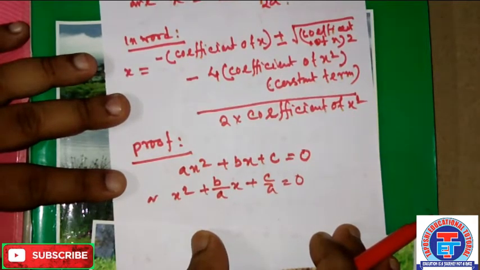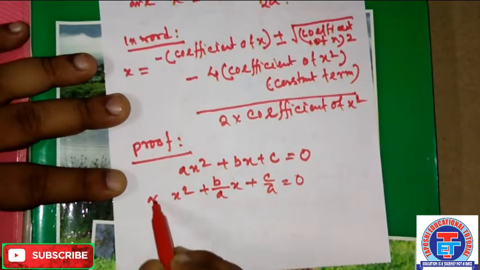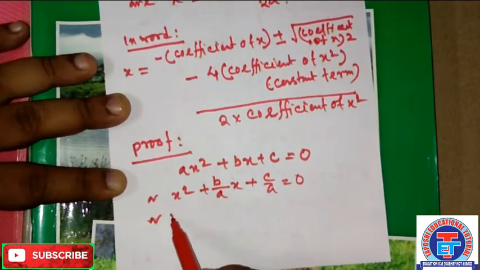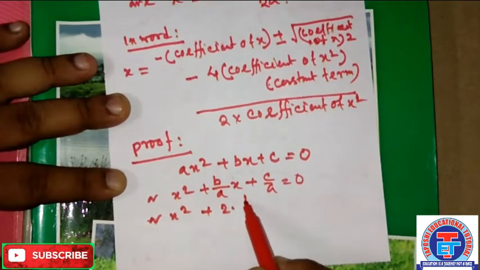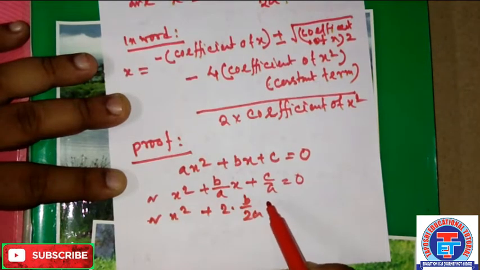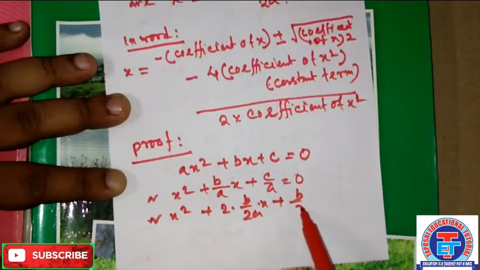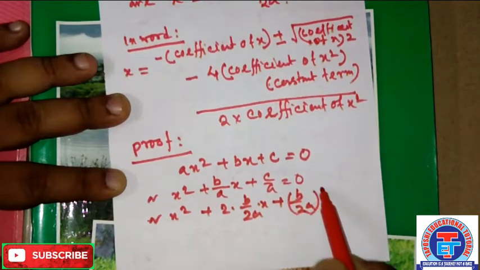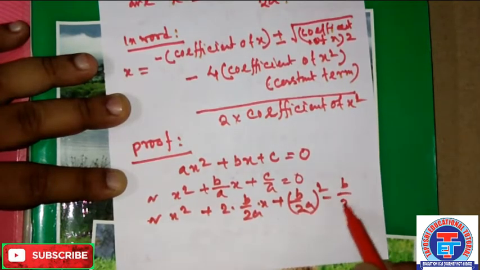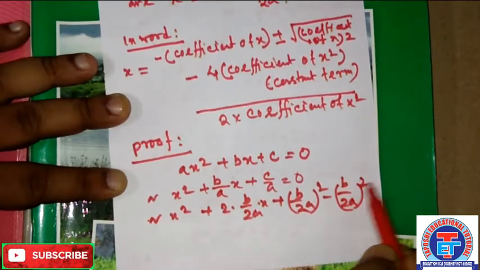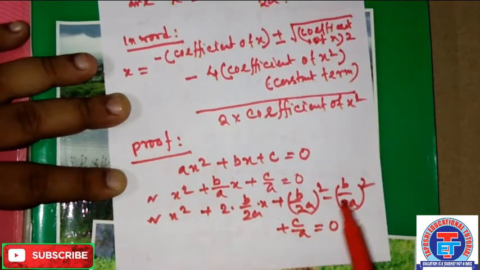Now this expression we can write as x square plus 2 into b by 2a x plus b by 2a its square minus b by 2a its square plus c by a is equal to 0.